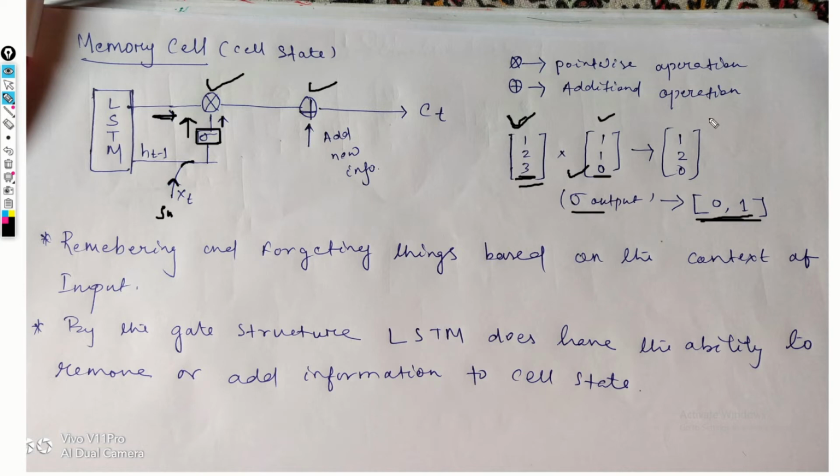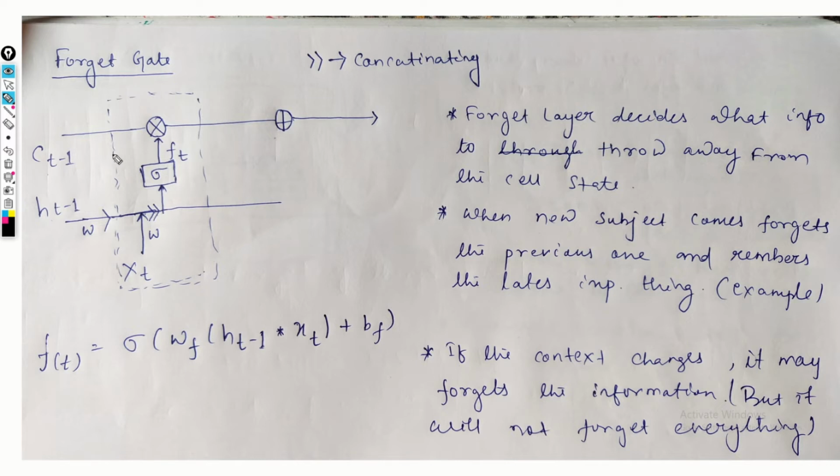So this is a way to delete or forget some information. So we'll understand about this particular forget layer. This is basically how the memory cell works and what the need of this memory cell is. Okay, so next would be the forget gate.